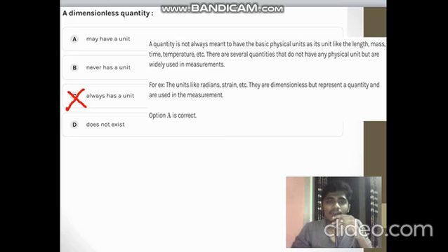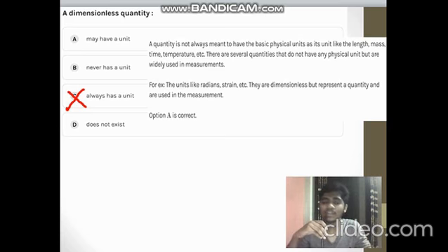Now let's talk about plane angle and solid angle, which we learned in this lesson. What is plane angle? A ratio between the arc length and the radius. So they both are similar, so the ratio gets cancelled and it has no dimensions. So a ratio never has dimensions, right? So there are some things which are dimensionless, but still they represent a quantity and they have a unit.